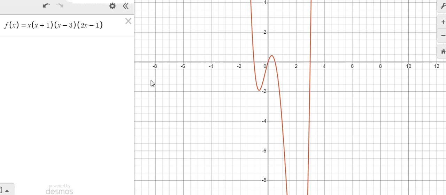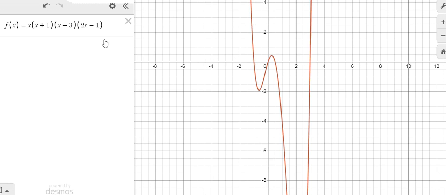And so think about what we found when we were doing this algebraically. When we solved this, this one was x equals 0, this one was x equals -1, this was 3, and this one was 1/2, because remember you add 1 and then divide by 2, right? So take a look right here.